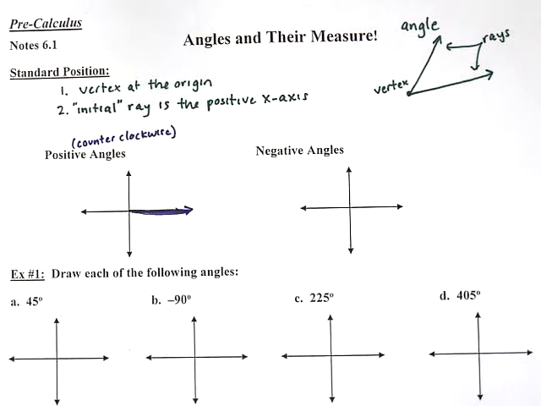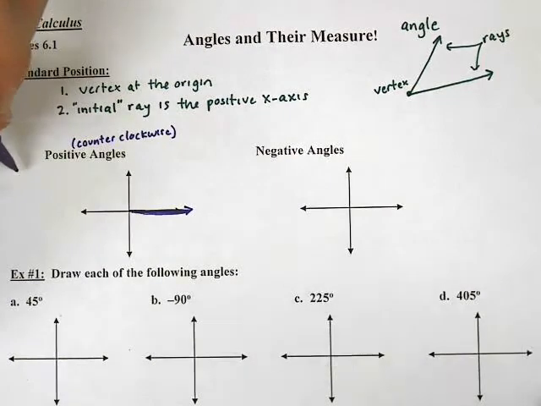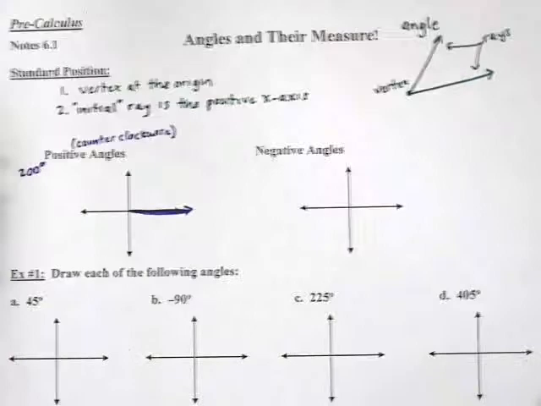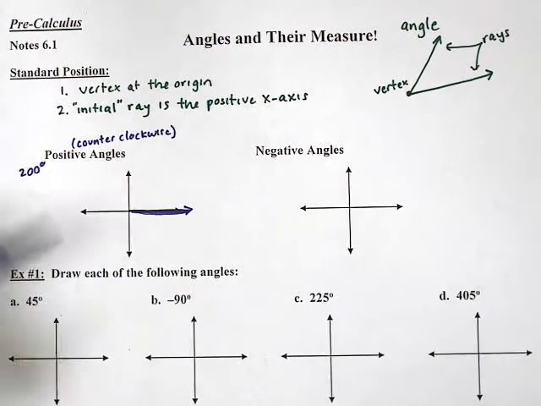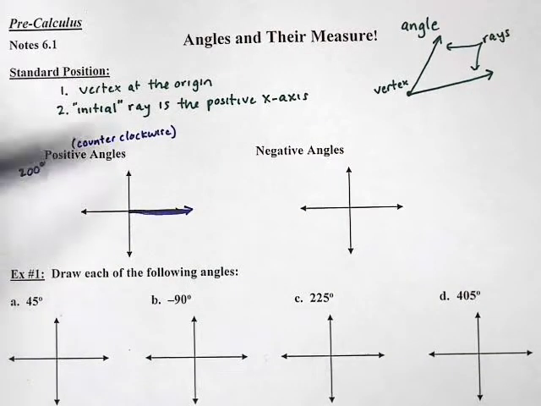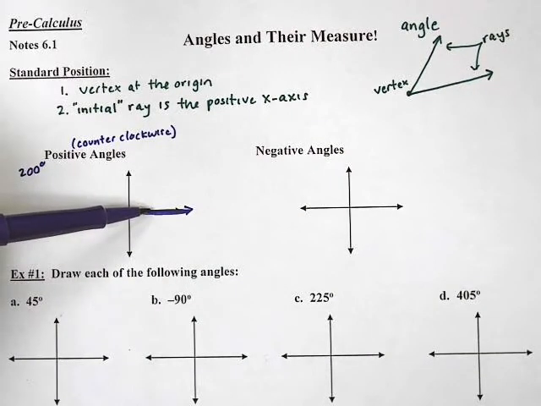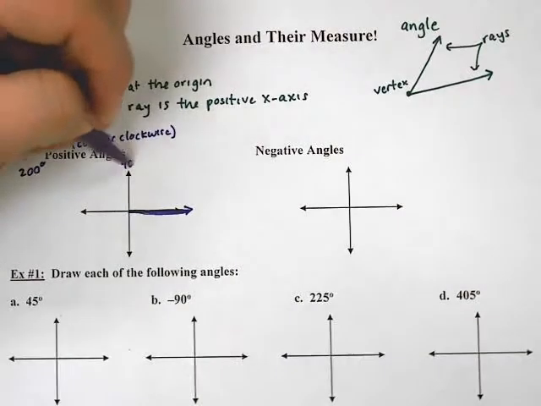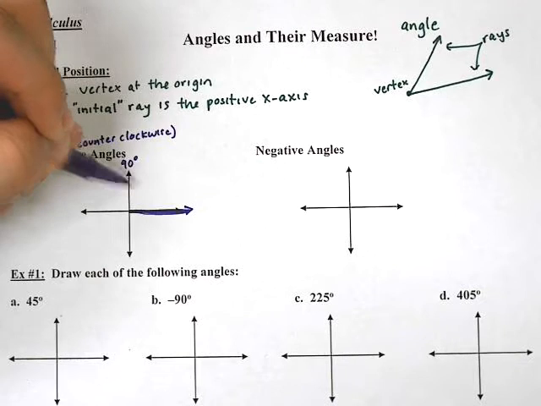fashion. So if I wanted to go, let's say, positive 200 degrees, well, I would need to start here at my initial ray, and go 200 degrees in a counterclockwise fashion. So how far is that? That's 90 degrees.